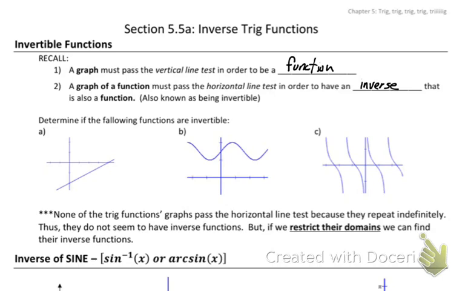No matter what line I draw, it is going to pass a horizontal line test. On this one, I'm going to draw the vertical and the horizontal, saying that it's passing both of them. If I have a vertical line, it's just going to hit once. If I have a horizontal line, no matter where I put it, it's just going to hit once. Since it passes both of those, it is invertible. That means it's a function, and its inverse is a function.